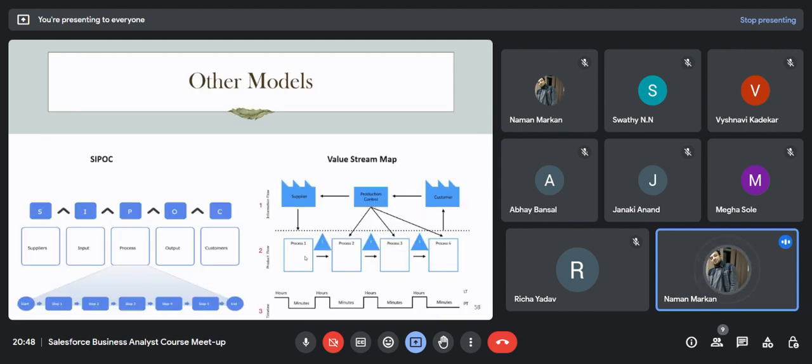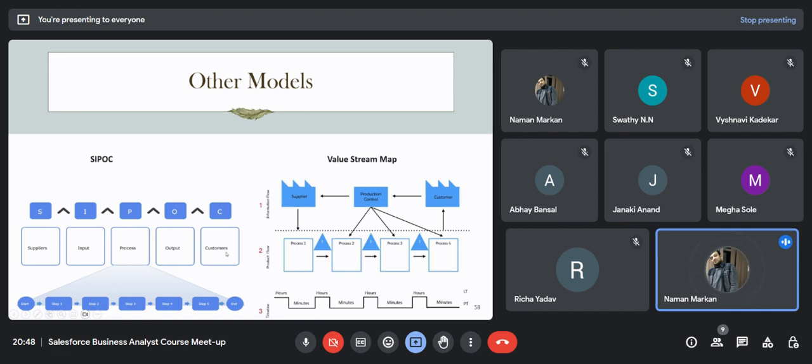All right. So we have another model to look into. You might have come across this kind of flow diagram in your college days, which says supplier, input, process, output, customer.